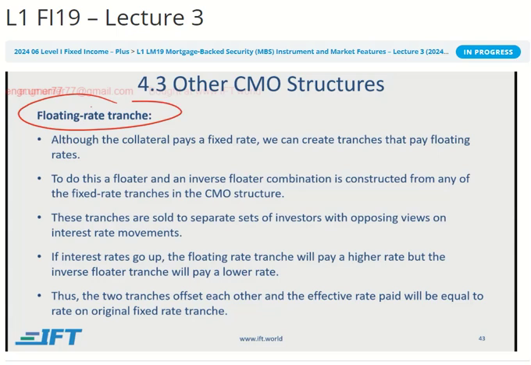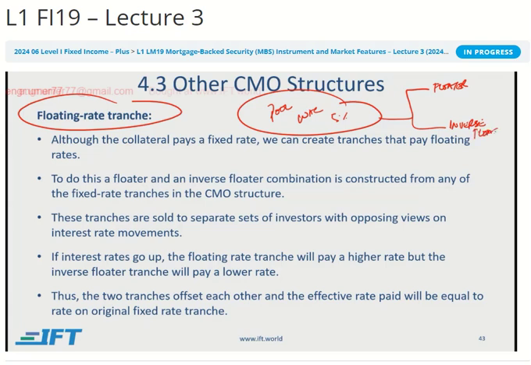This is very interesting, floating rate tranche. So let's say the weighted average coupon of the pool is 5%. What they can do is they can offer a floater and an inverse floater. If interest rates go up, the rate that we will offer in the floater will go higher.